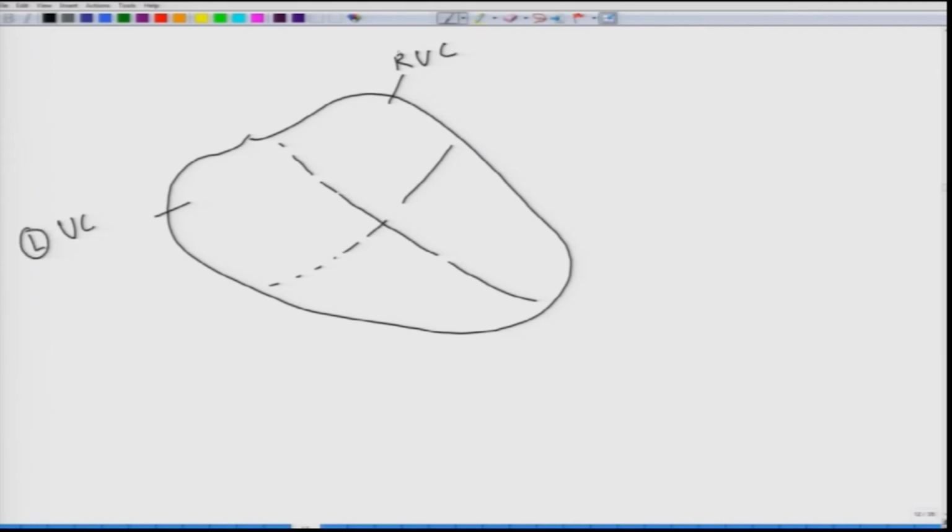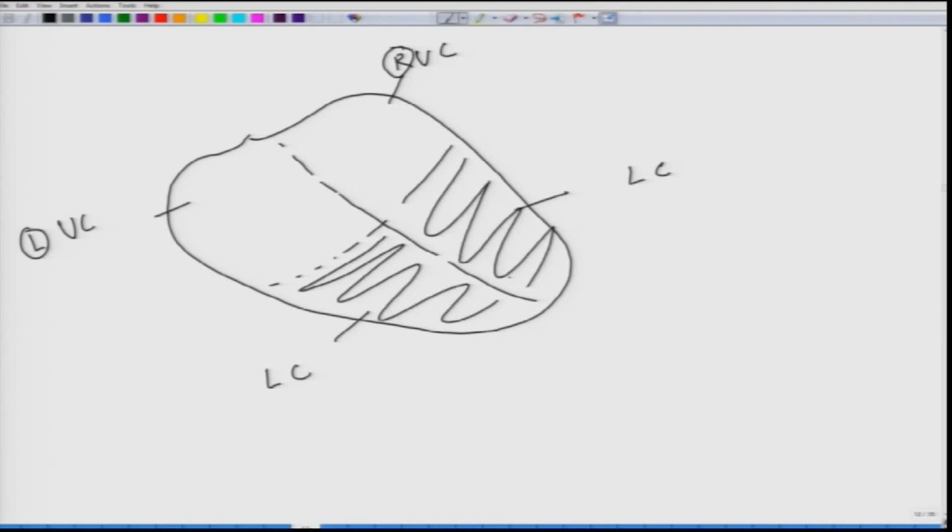L stands for left, R stands for right, UC stands for upper chamber, LC stands for lower chamber. So within this colony there are multiple colonies, and each one of these has different cell types involved in it. The lower ones are the ventricular cells, which cover the ventricles. The lower 2 chambers are called ventricles, these are called auricles, and they have different cell types with mild variations.